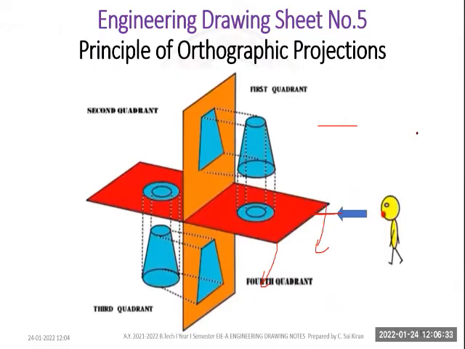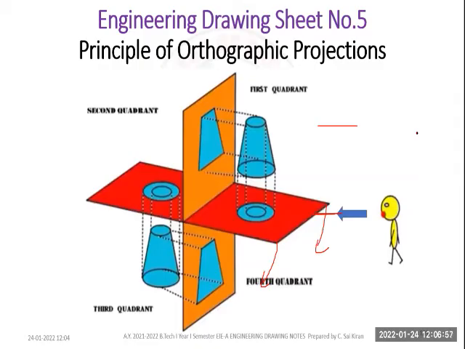At a certain distance there is one more circle. With respect to XY, this is my positive H, and this is my positive D. Whatever this distance is, it is positive D.